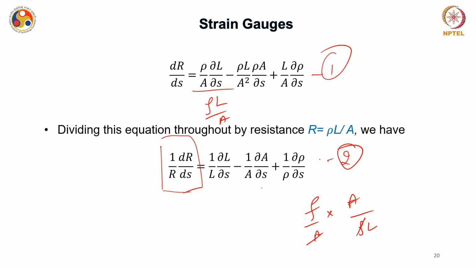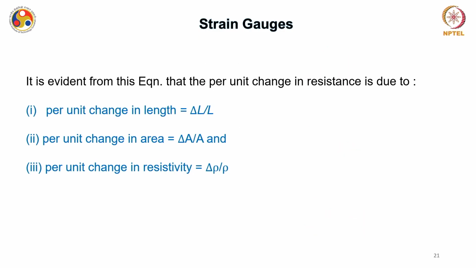So 1 by R del R by del S is equal to 1 by L del L by del S minus 1 by A del A by del S plus 1 by rho del rho by del S. This is my equation 2.